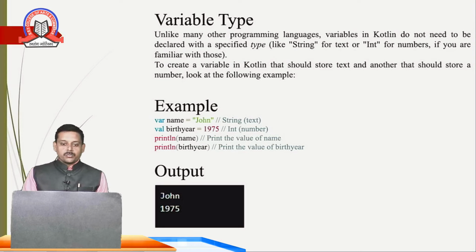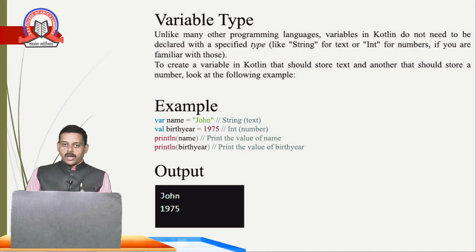As you already know, we can use string to declare text values, or we can use int for declaration of numerical types of value. In Kotlin we never use these kinds of things. We can directly use var or val. But to create a variable in Kotlin, we should store text, and we can store numbers with the help of these variables.